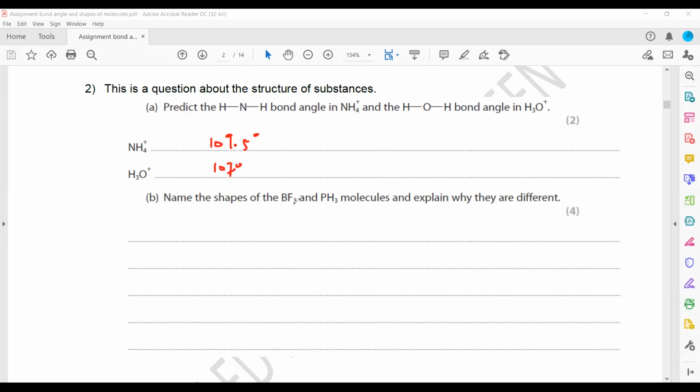Then name the shape of BF3 and PH3 molecule and explain why they are different. So it's 4 marks. First, BF3: boron belongs to group 3. Boron even belongs to group 3, but because of its small size, it is not able to transfer all of its electrons. That's why it tends to share. And it is not able to complete octet here.